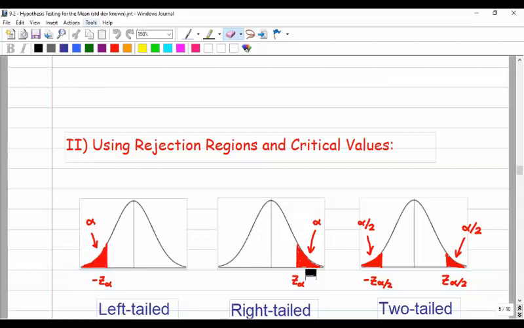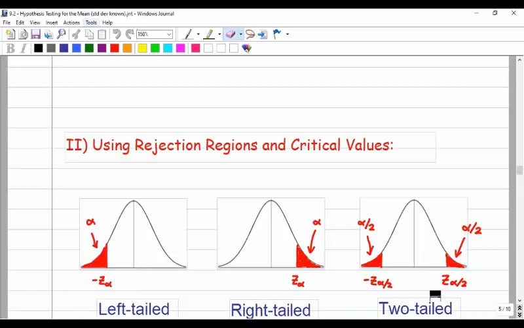Now we come over to this one. It's just the mirror image of the other one. The right tail test, it's that same alpha. And the Z alpha here will be a positive number, and it represents that area to the right. So for example, if that was 0.05, this Z alpha would technically be the same thing as the 95th percentile, because it would represent 95% to the left.